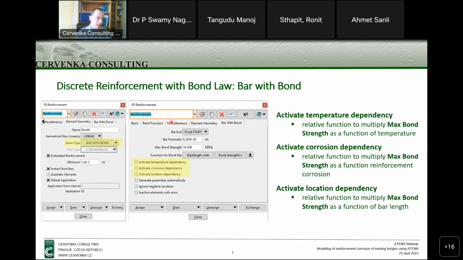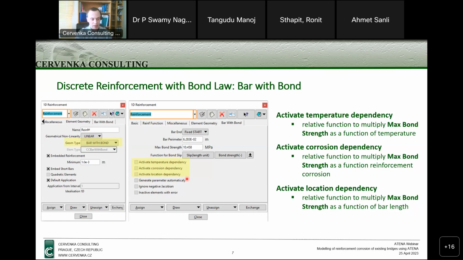When we define the reinforcement, and especially the bond of the reinforcement, there are three more options. One is that we can use a function which is relative to the bond strength and can account for the reduction of the bond strength due to temperature.